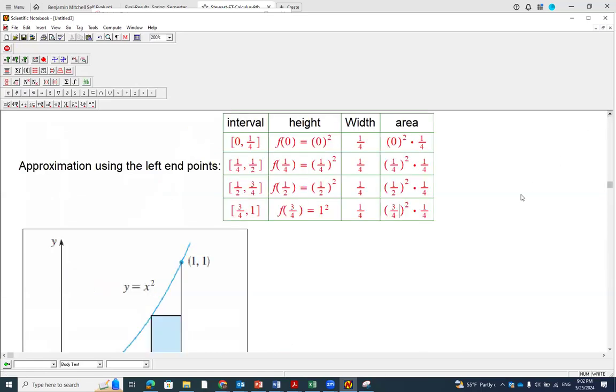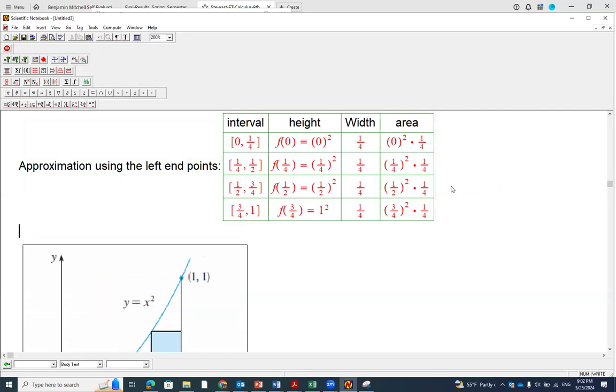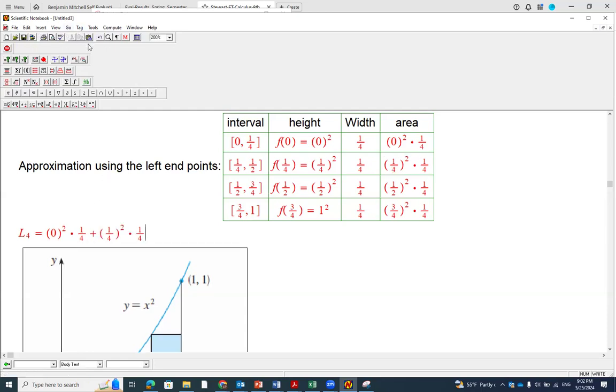So the area underneath the curve, if we approximate using the left endpoint, is going to be the sum of all of these. You can see with these kinds of approximations, sometimes we get an area larger than the actual area, sometimes smaller.